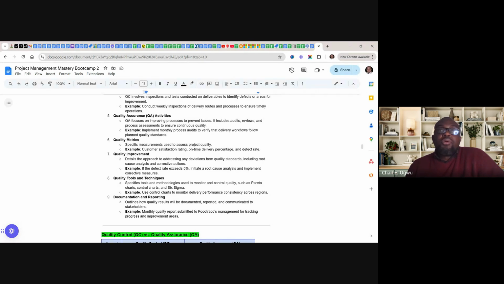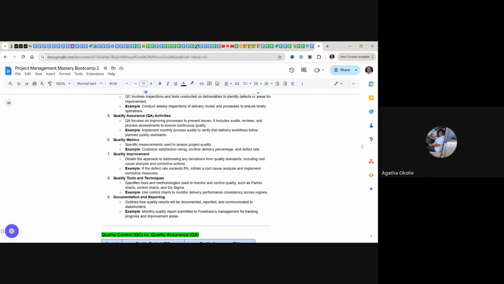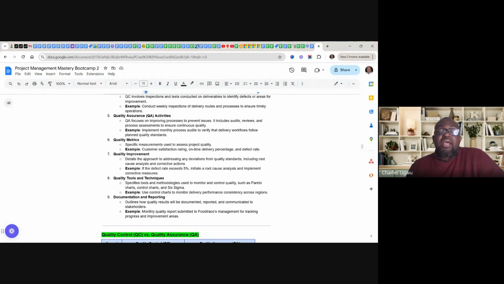Very simple. And if you are a project manager and you don't have a quality control or quality assurance manager, with these blocks I've stated here, you can easily create a quality management plan. A business analyst can do that as well.